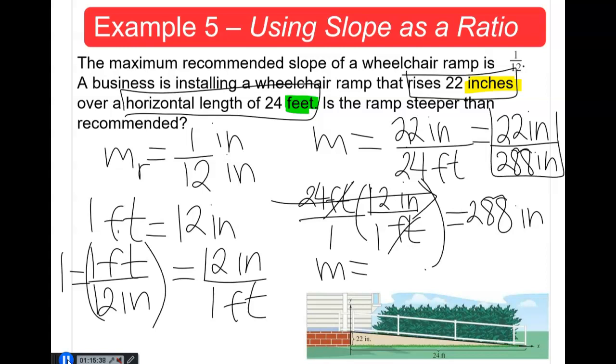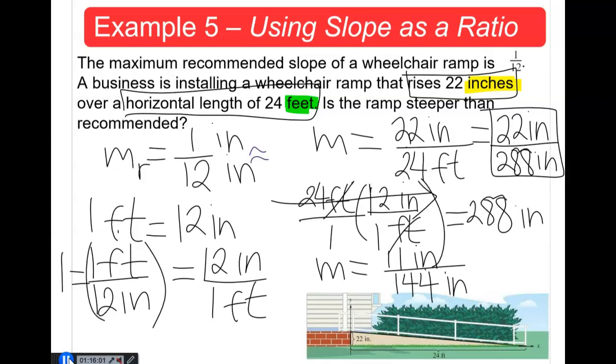So I'm going to simplify the fraction. So this is going to be divided by 2. So we have 11 over, and 288 divided by 2 is 144 inches. So to compare them, what I'm going to do is get an approximation.